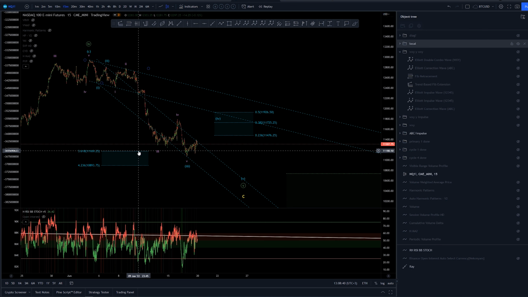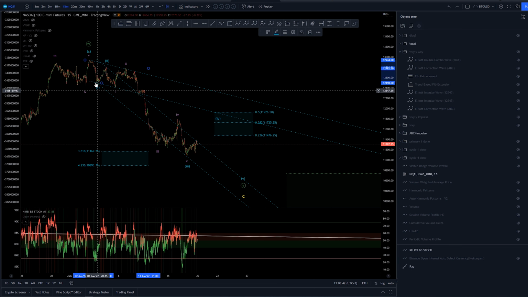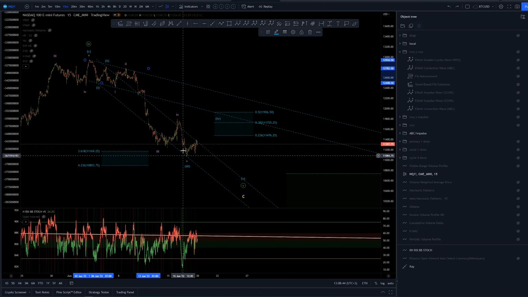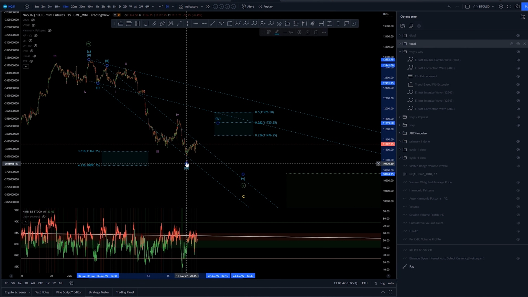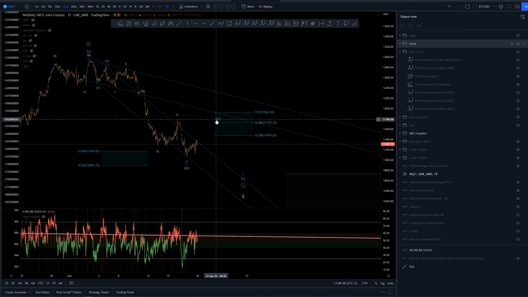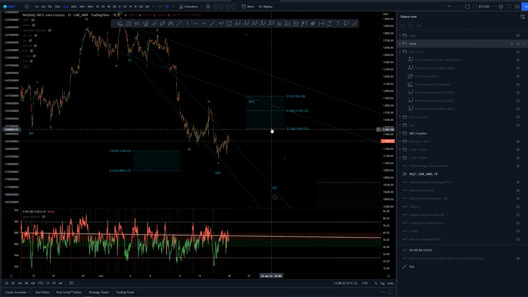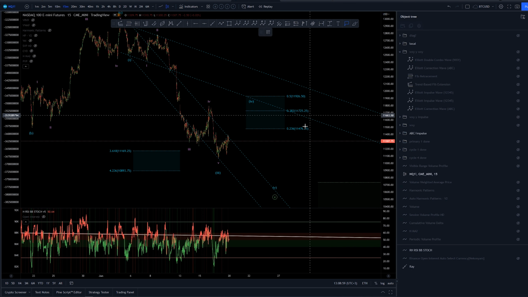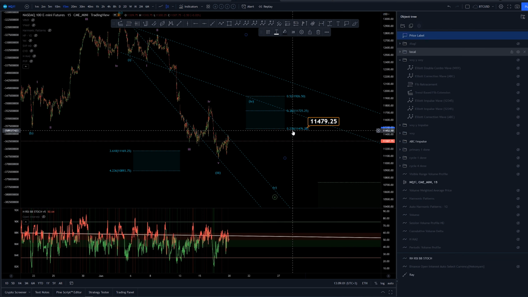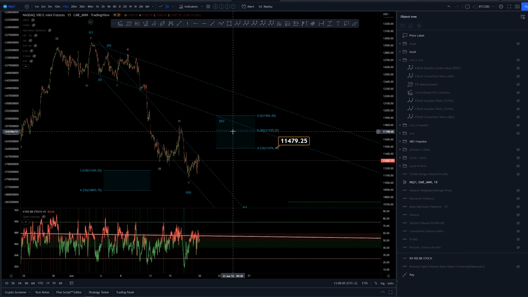We are getting really extended here, around 3.618 of the first leg here for the wave 3 of this degree, and now we would be expecting some kind of wave or three-wave structure into wave 4. The minimum I would be looking at is $11,476 area, at which we are at the 23.6 retracement area for the wave 3.